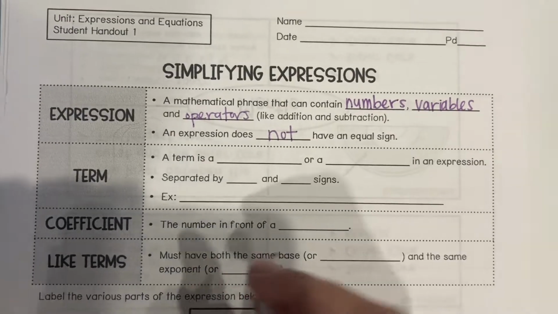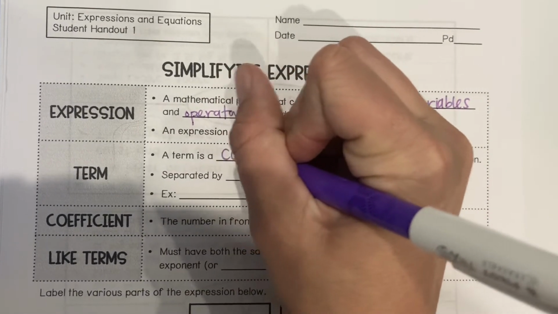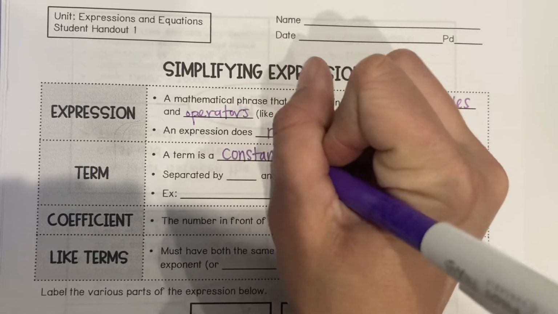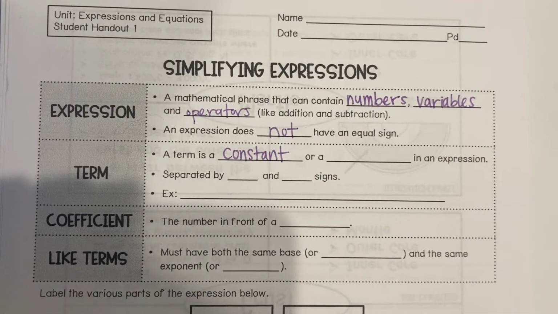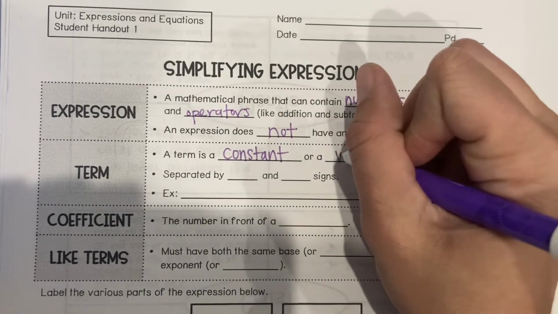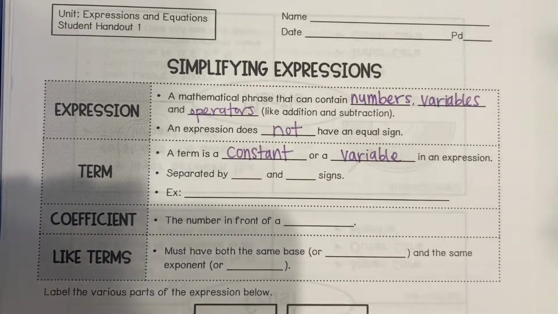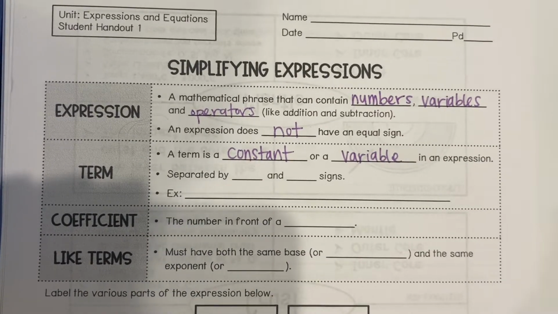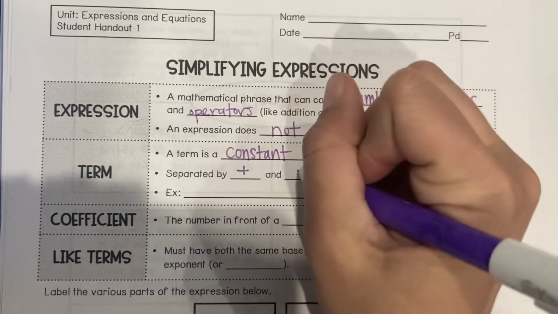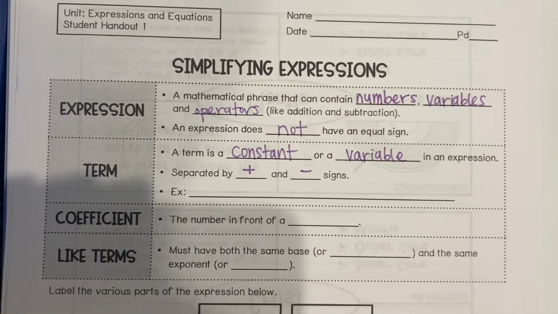Okay? A term is a constant. A constant is just a number without a variable, or a variable in an expression. And terms are always separated by plus and minus signs.